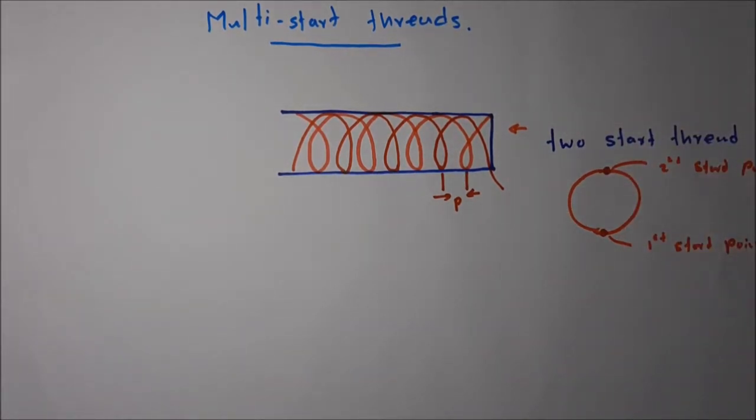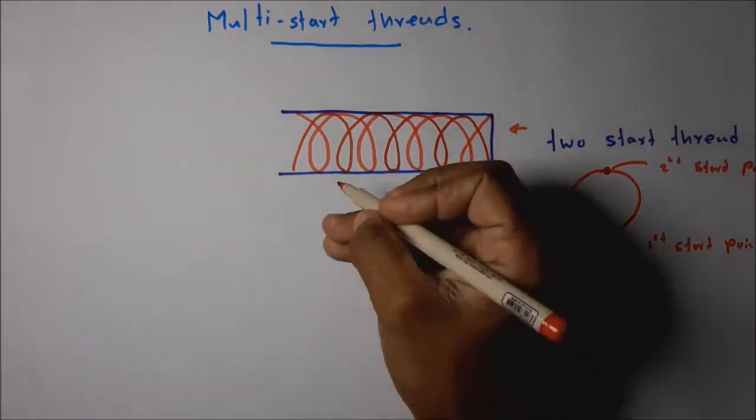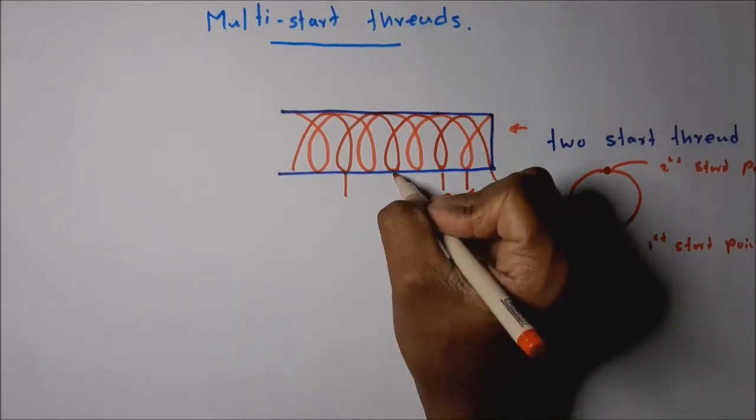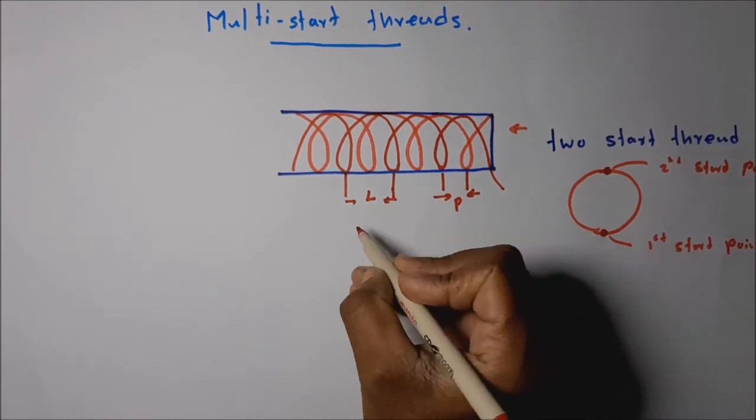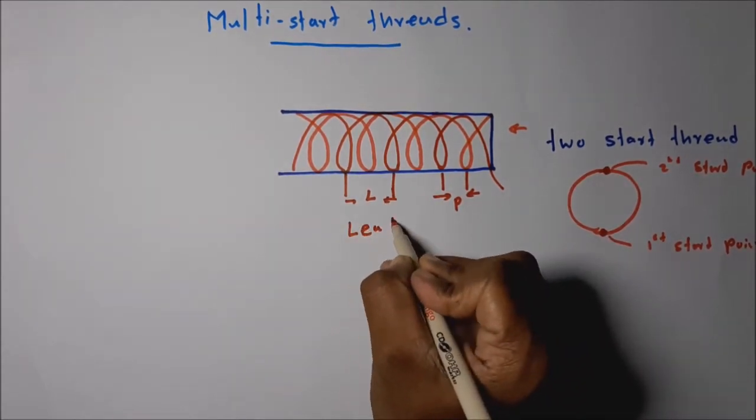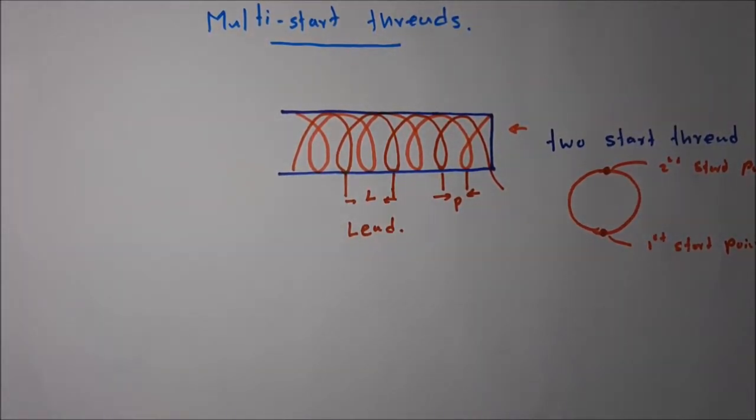Then the distance between two similar points on the same thread is called the lead. This length is called the lead.